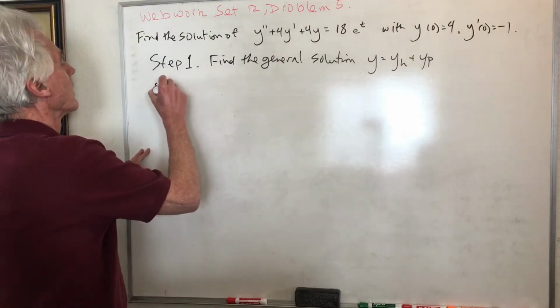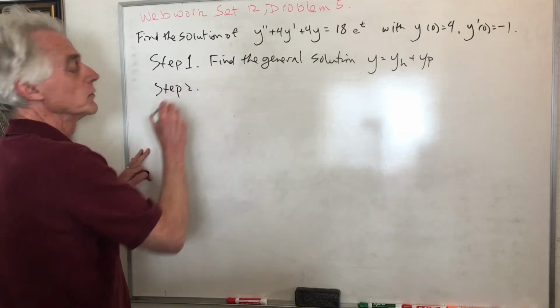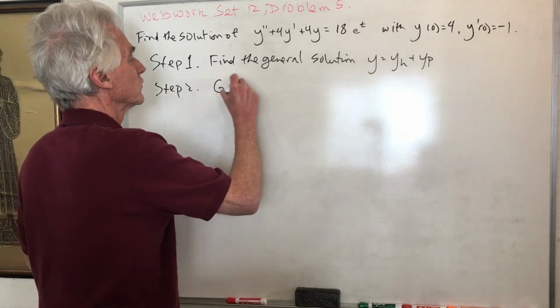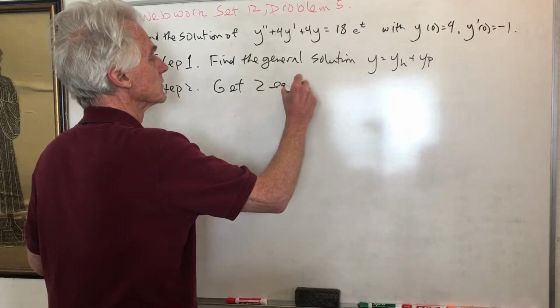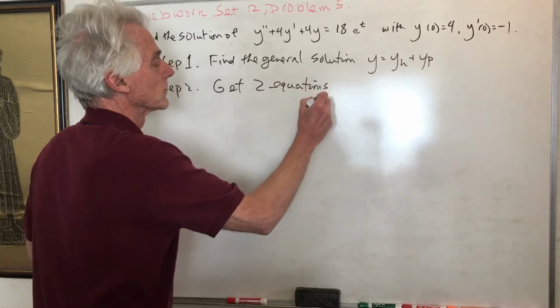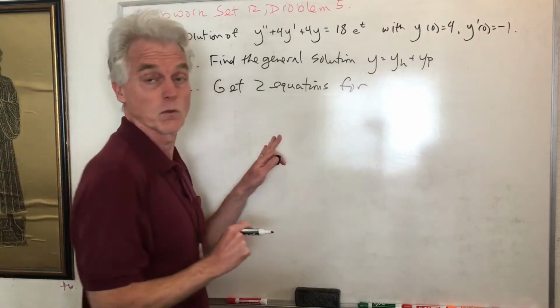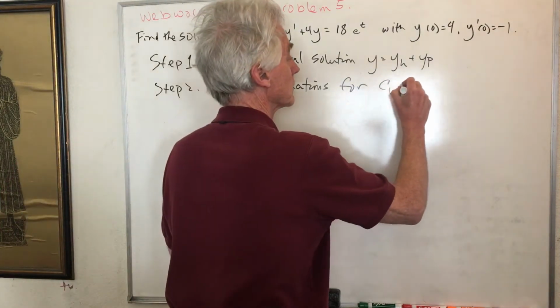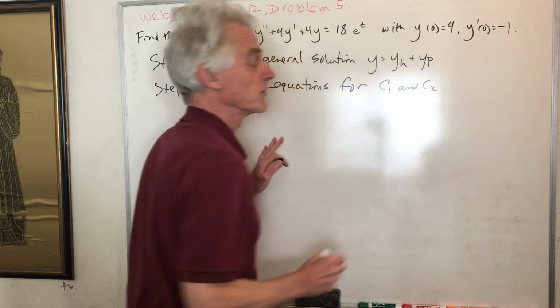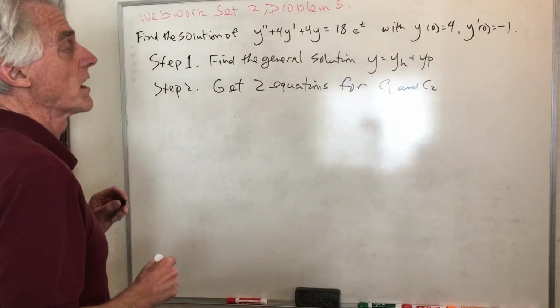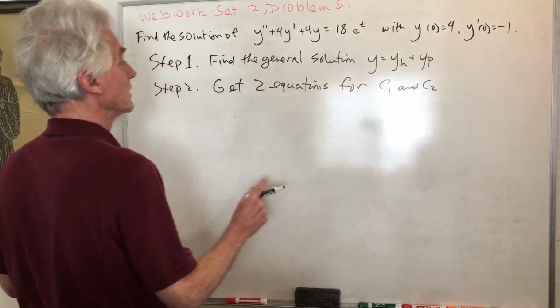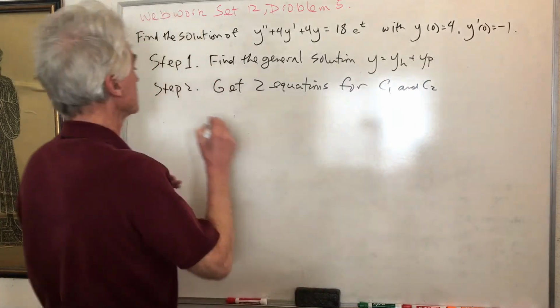So step 2 would be to get the two equations for the unknown C1 and C2 there in yh. Those are the coefficients in the homogeneous equation, and that comes from the initial conditions.